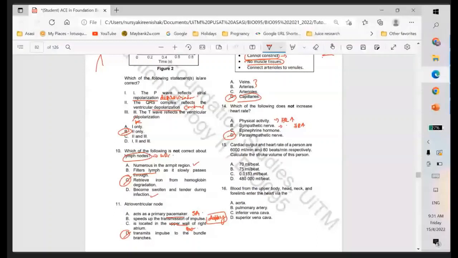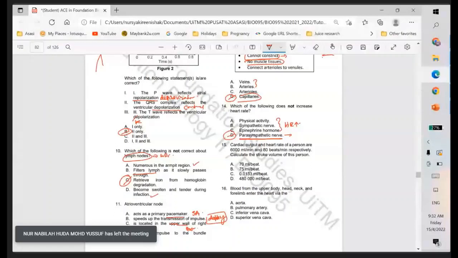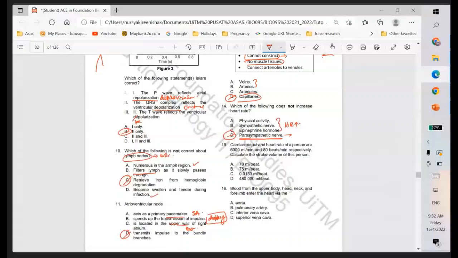Okay. So which of the following does not increase the heart rate? It is parasympathetic nerves. It is when you are relaxing, you are sitting down, this is to conserve energy. But when you are feeling excited, you are exercising, for example, your heart needs to beat faster.